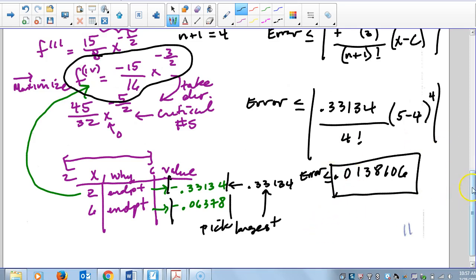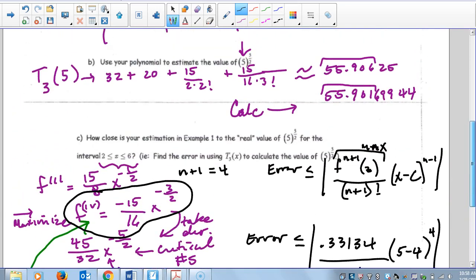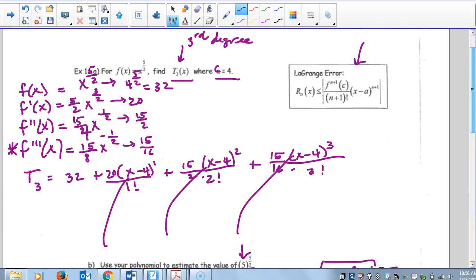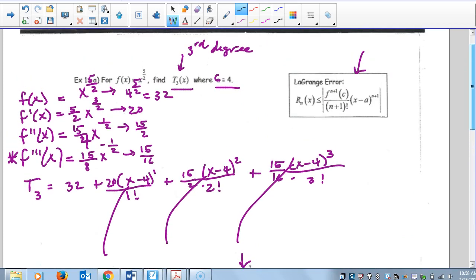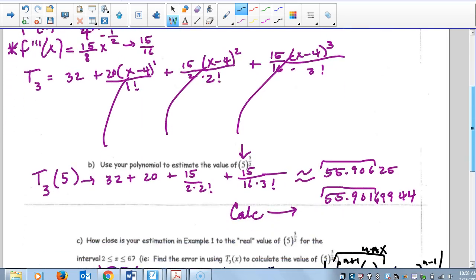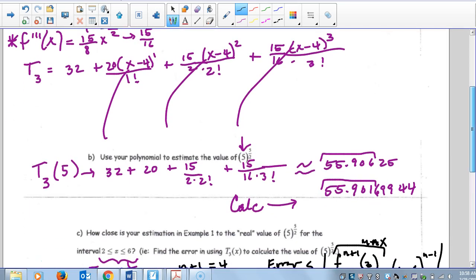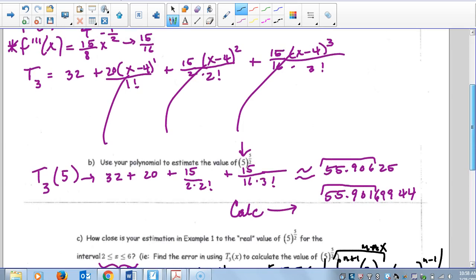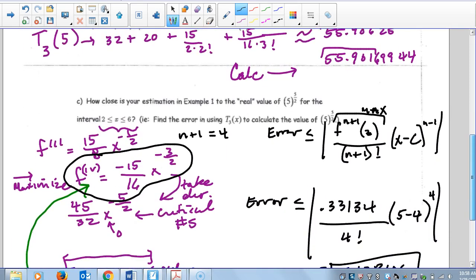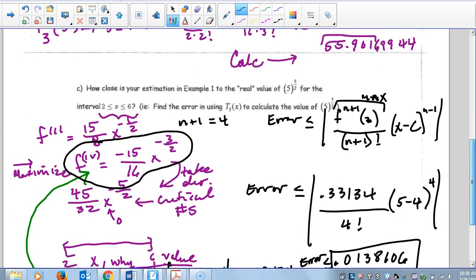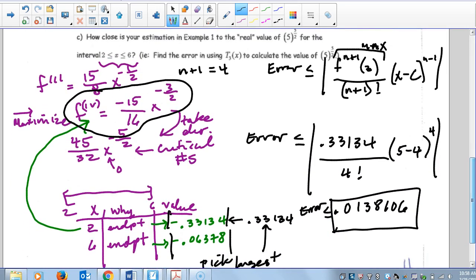Okay, so it's a complicated thing when you first see it. It's sort of obtuse. So what we did again is we looked at a Taylor series for x to the 5 halves, wrote it out, stuck in 5 because we were looking for 5 to the 5 halves, came up with our value, the calculator value, and then we looked at how close is it.